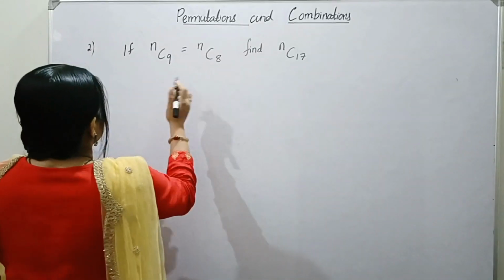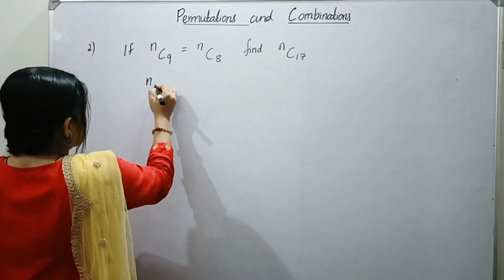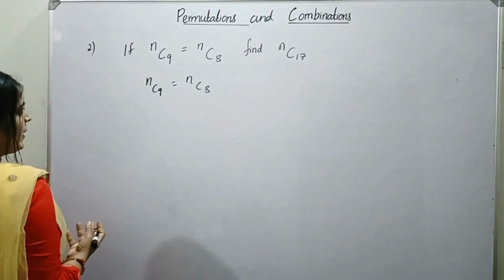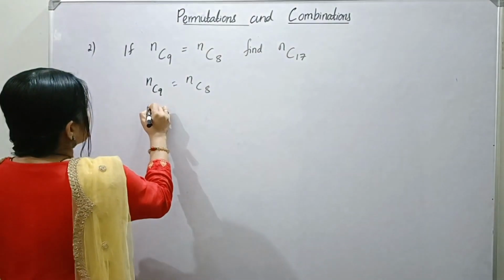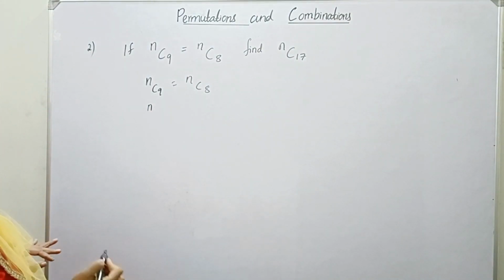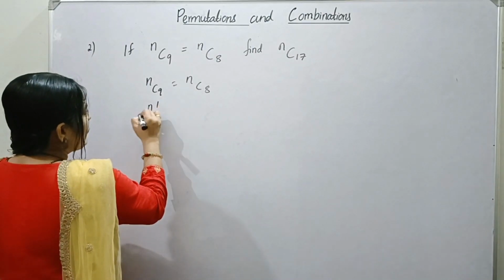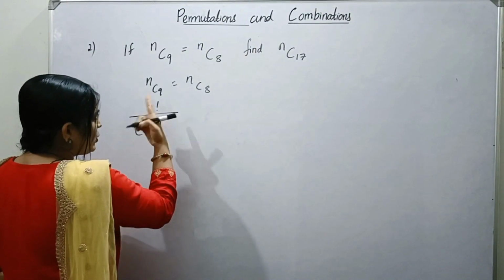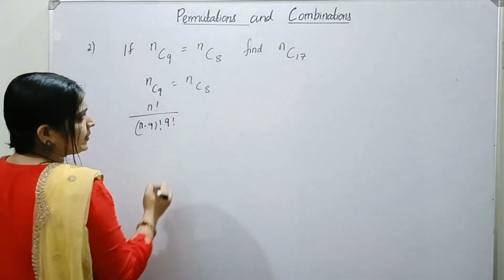So here, first let us take this one. nC9 is equal to nC8. So apply the formula nCr. nCr is nothing but n factorial divided by r factorial into n minus r factorial. So n factorial divided by n minus 9 factorial into r factorial, that is 9 factorial.